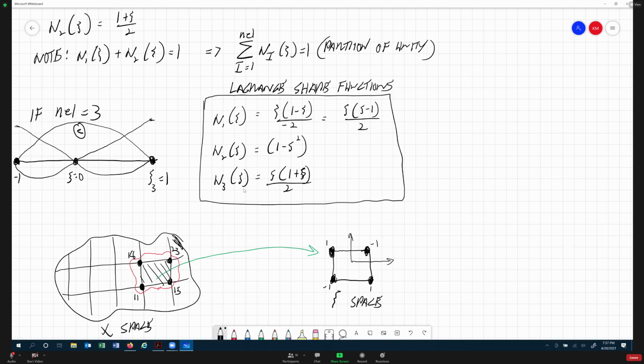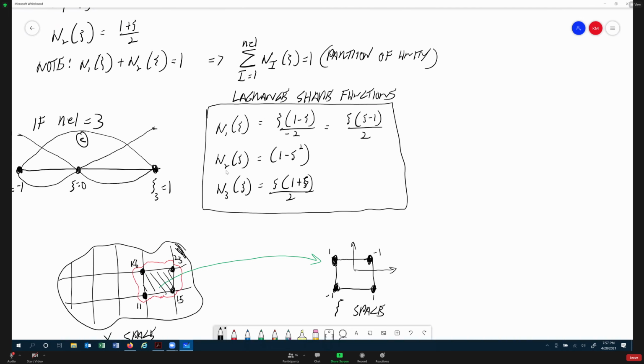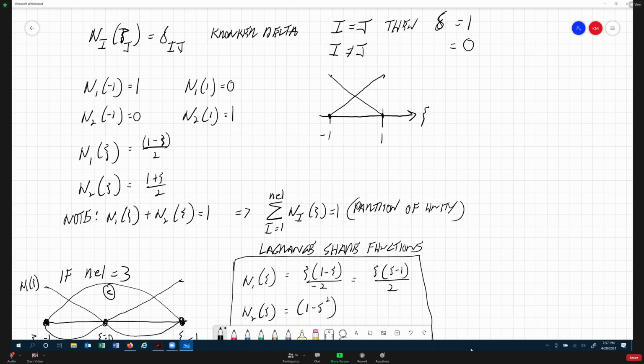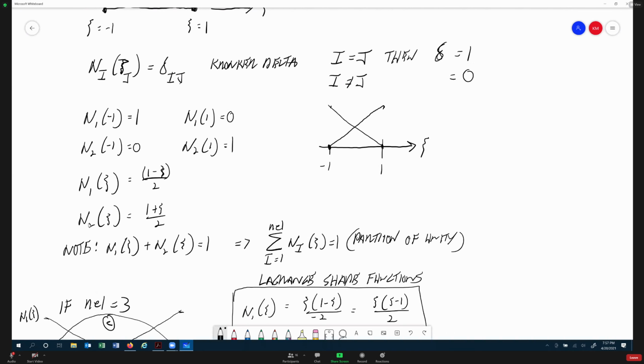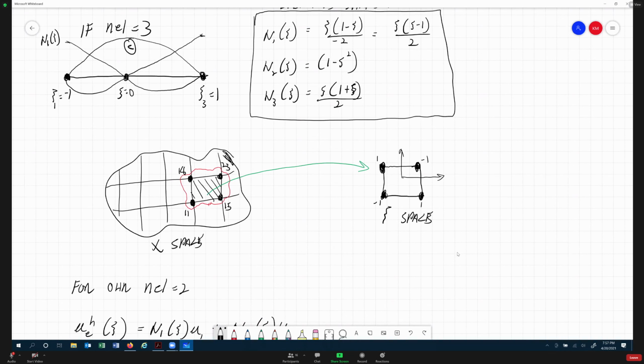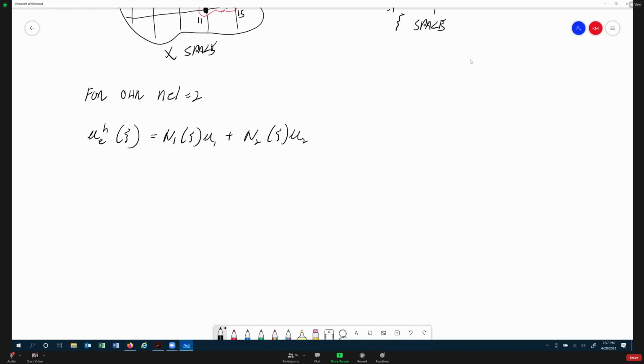But we defined what N1 and N2 were. Actually, yeah, we defined N1 and N2 right here.